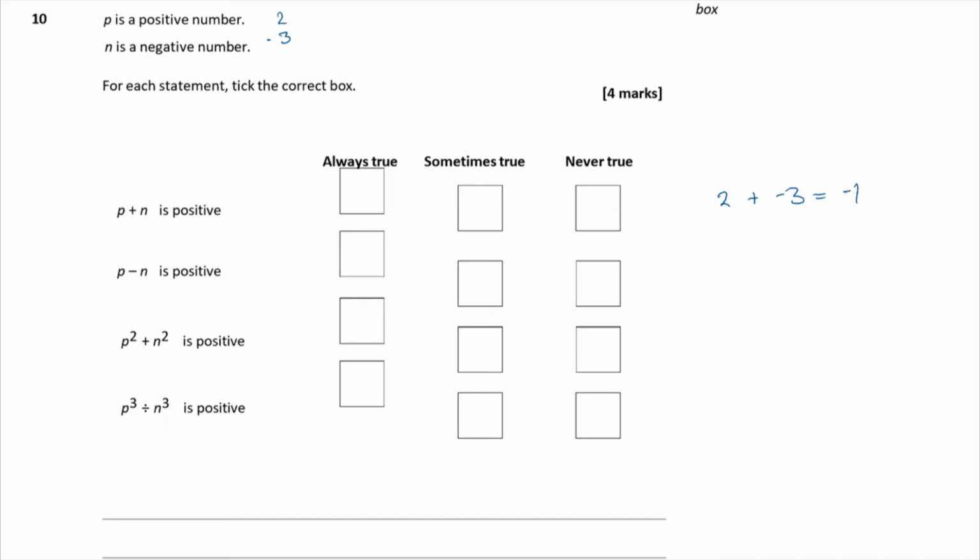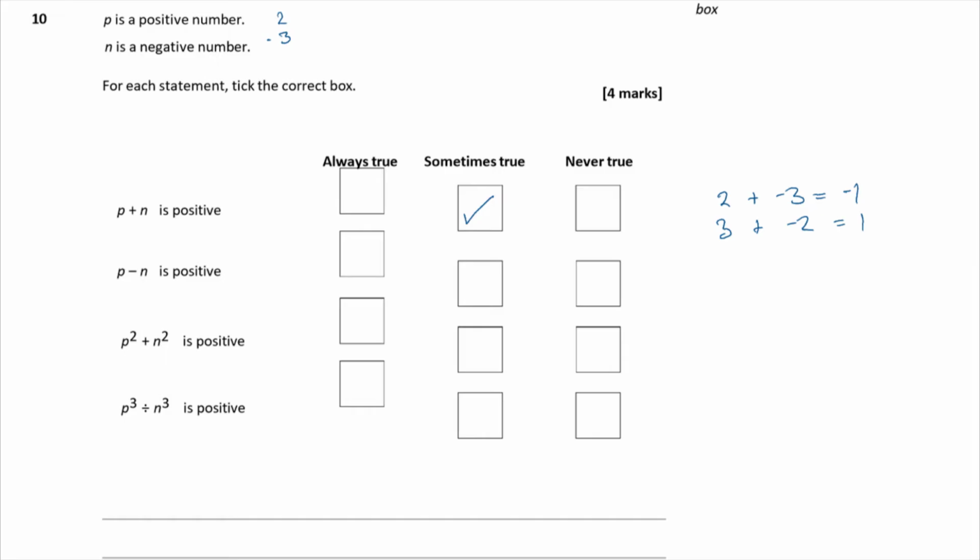Okay. However, if I'd picked 3 plus negative 2, then that would be 1. So for that one, you sometimes get a positive number when you add p and n together, but you don't always. You sometimes get negative ones. So that one is sometimes true.